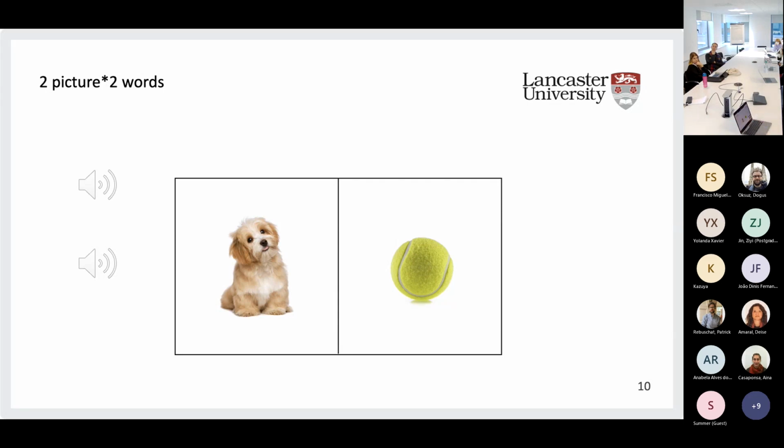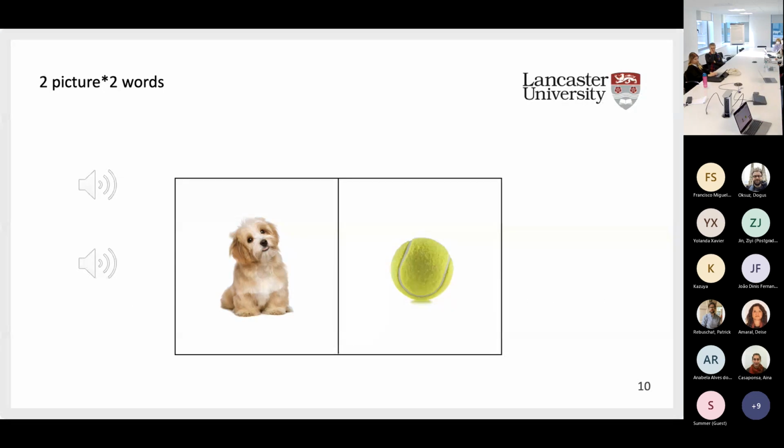Now there's a word that occurred again with the ball. So this kind of co-occurrence over time, you keep track of it, and over time you get which picture means what. This is the basic idea of cross-situational learning.